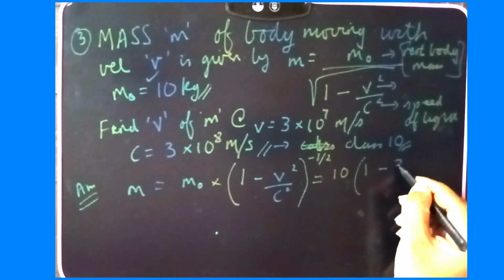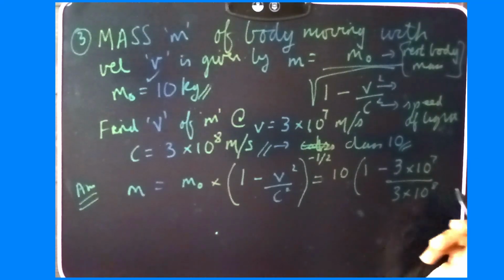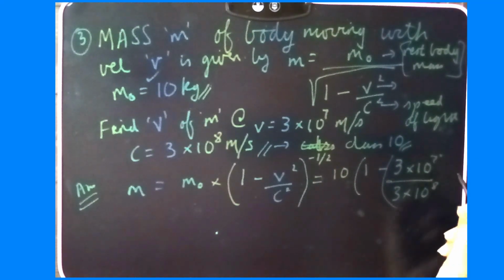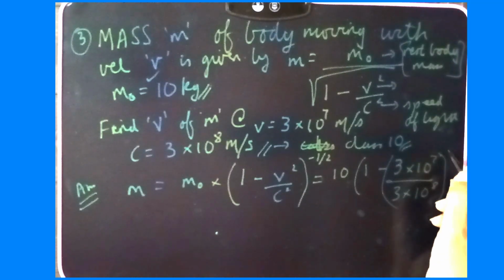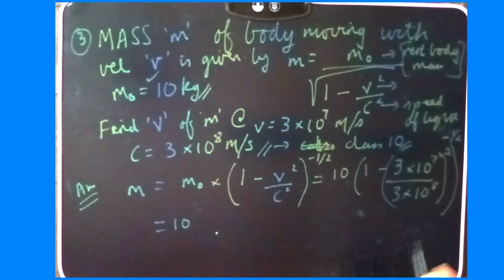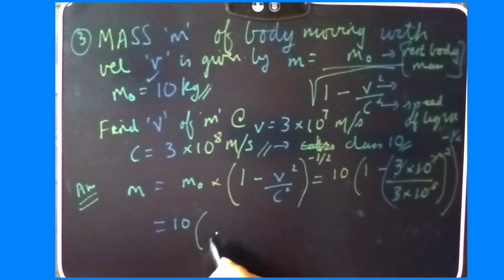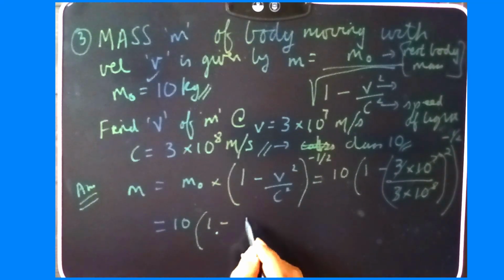What is v? 3 into 10 raised to power of 7 divided by 3 into 10 raised to power of 8, the speed of light. I can put the full thing into the square, and this full thing again raised to power minus 1 by 2. So if I solve this, I'll get 10. If I cancel, 3 will go. So you'll get 1 minus 1 by 10 raised to 7, 10 raised to 8.